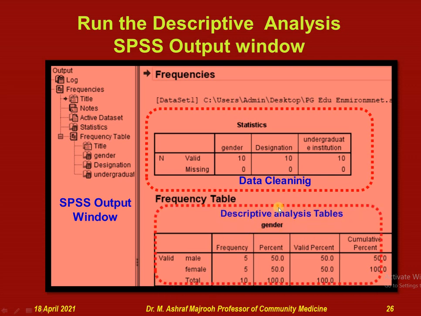And then data summaries are generated, descriptive analysis, and this is the frequency table, like male, female, what is the percentage, what is the valid percentage, and cumulative percentage. So this is the output, how we run the analysis after the data processing.